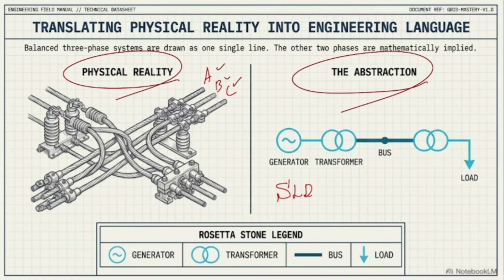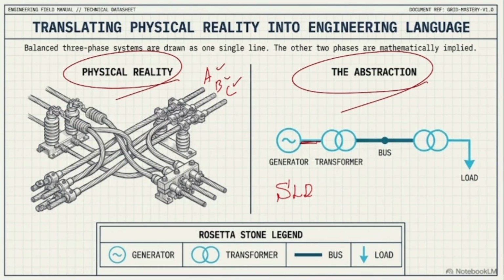In order to make everything a little bit simpler for the calculation, we have the abstraction. In abstraction mode, instead of 3 lines, we're only going to show them with 1 line, while we know that this 1 line still replicates those 3 phases. But we assume that those 3 phases are balanced. Again, I will talk about what it means to have a balanced and unbalanced system.